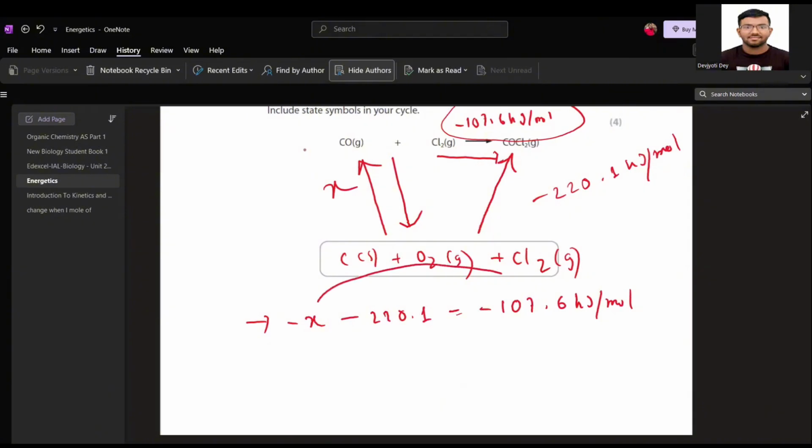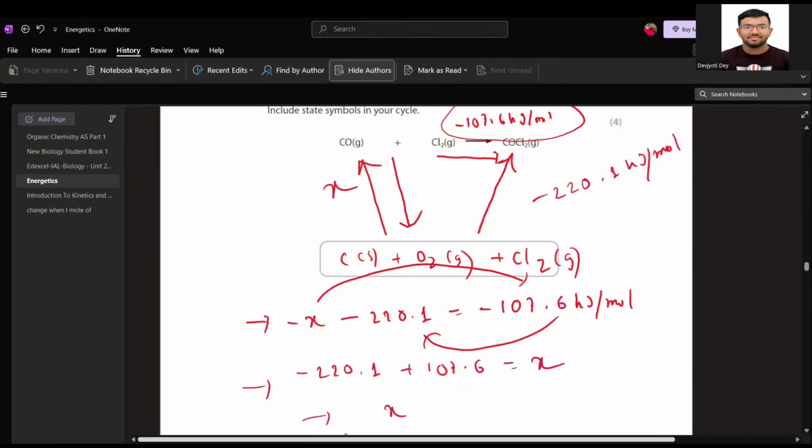Now we can just take x on this side and bring this one down here. So that would be negative 220.1 plus 107.6. x is going to be whatever the value is, which is about negative 112.5 kilojoule per mole. Do you understand?